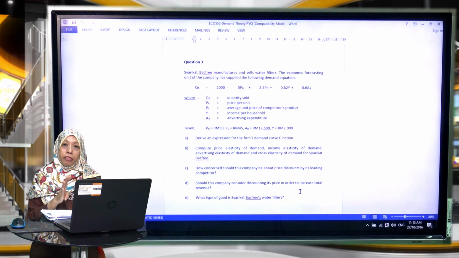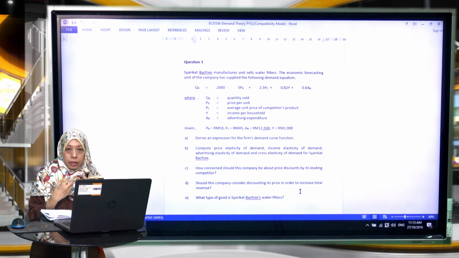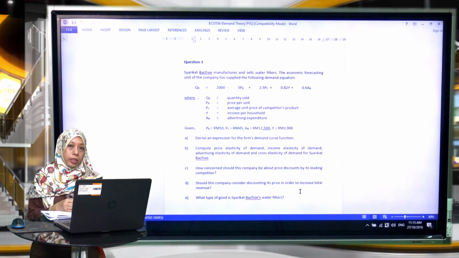So we have looked at 4 different types, and all these 4 different types of elasticity will help managers to answer problems when managing the company. In the case of price elasticity of demand, managers are able to identify how sensitive their customers are towards changes in the price of the company's product. So this will help the firm in identifying the suitable pricing strategy.